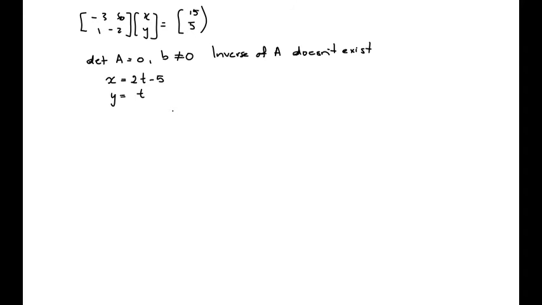Another example, the determinant again is 0, and obviously b is not 0.